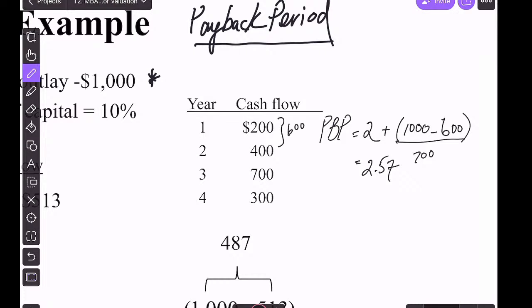So when you calculate it, it's 2.57. So that's known as the payback period. So it'll take about 2.5 years to recover costs in this project.